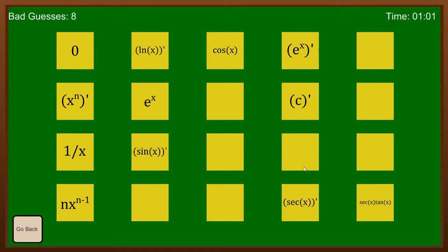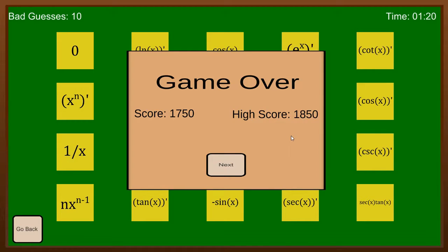That's the cotangent. So squared tangent. Okay. Oh, there we go. No, my mistake. Okay, and there we go. Now we've matched them.